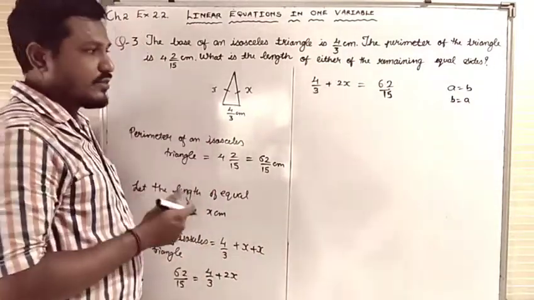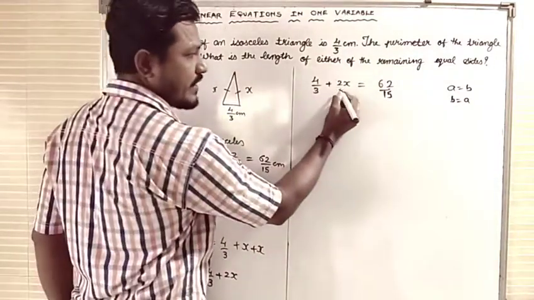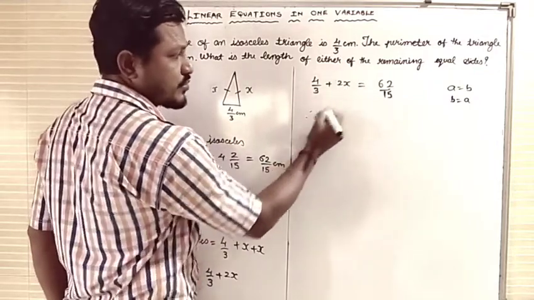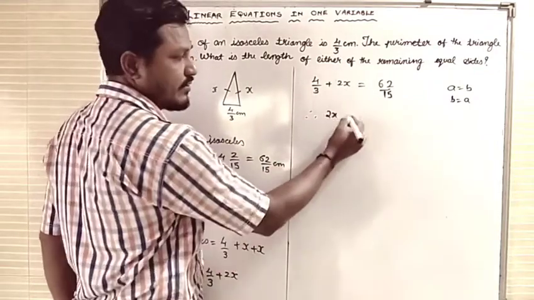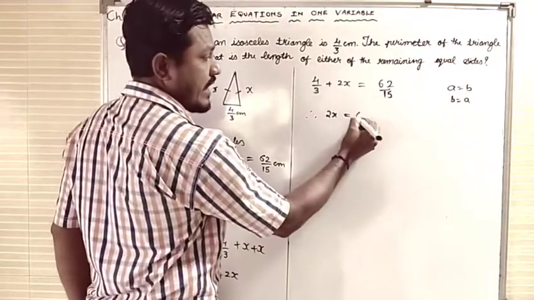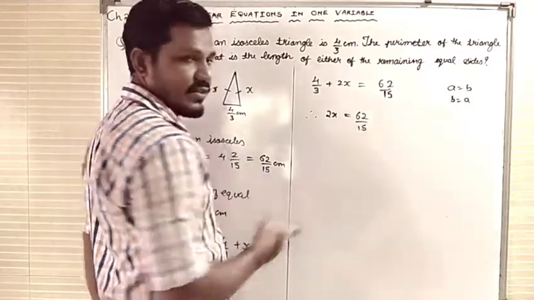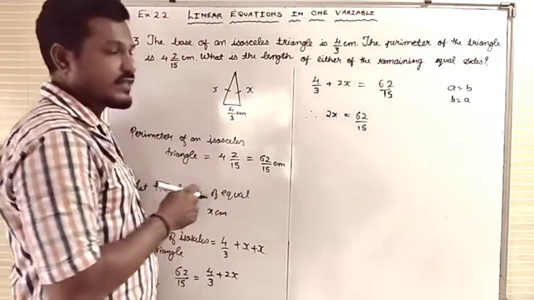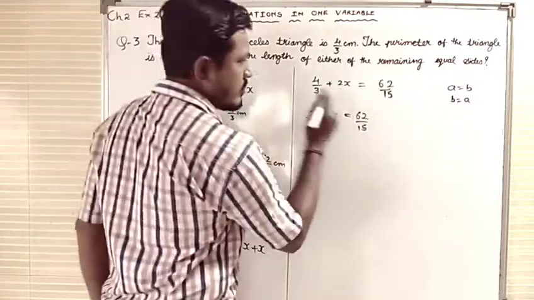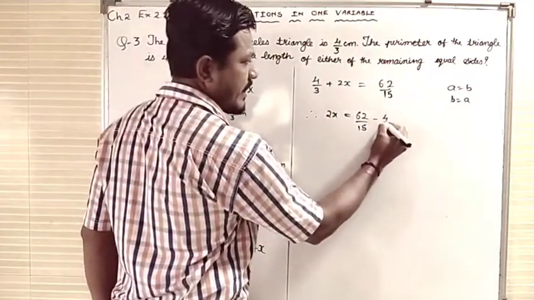Now what I will do, as I told you previously, I need to find the value of this unknown variable. So I need to separate this value. So I will just put equal sign, and whatever value on my right, I will write as it is. So my next step will be to transpose this 4 by 3 to my right. So positive 4 by 3 will become negative 4 by 3.